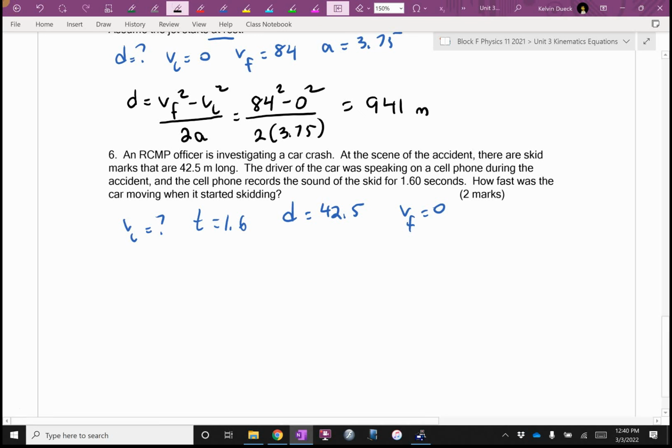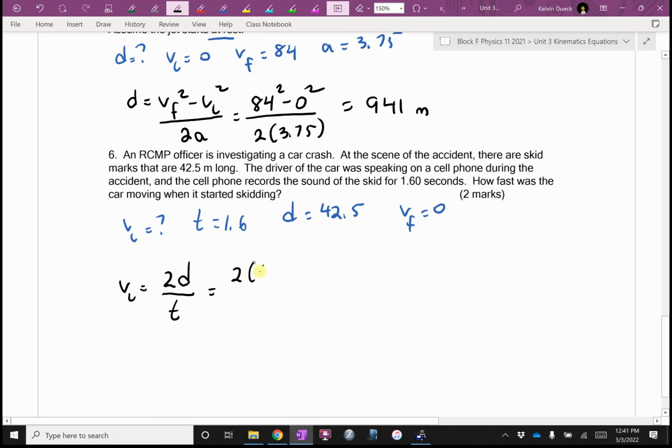I'm going to get the VI by itself. So let's see. The D would stay where it was. I would times the 2 over. I would divide the T over, and then I would minus the VF. Oh, wait a minute. What's VF as a number exactly? I won't bother writing it. But if it wasn't, that's where I would drop it in.